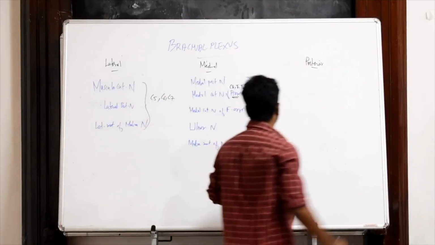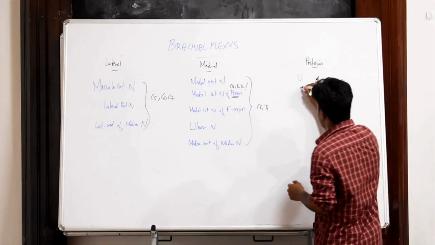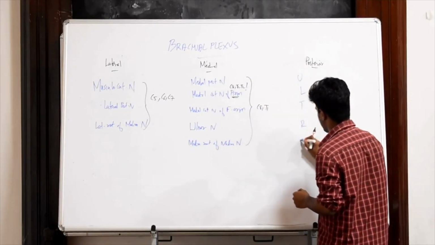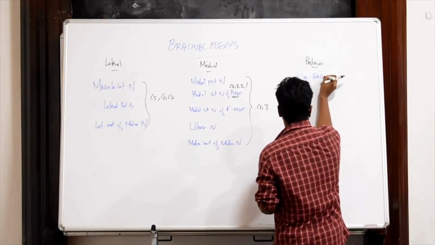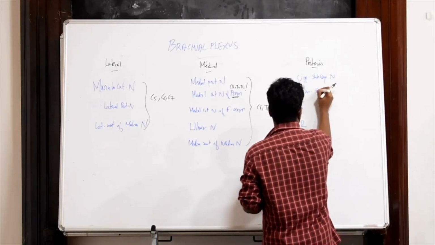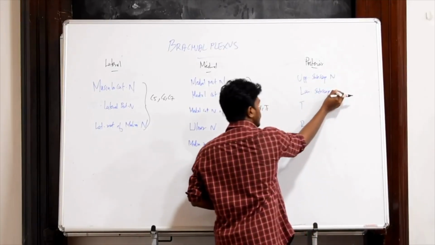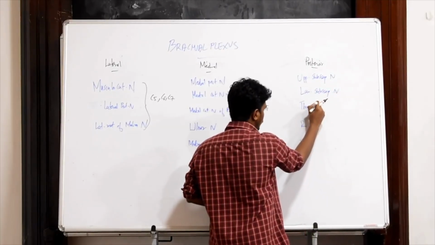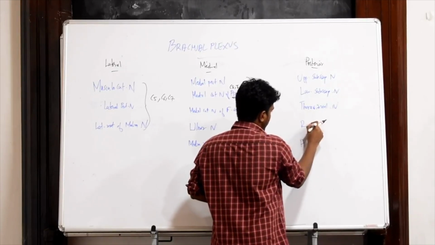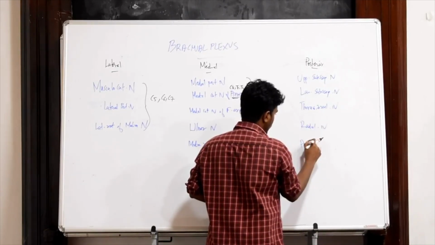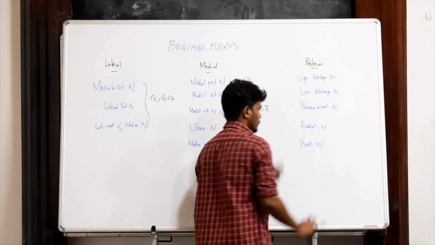Coming to the roots of the posterior cord, it is understood by the mnemonic ULTRA. They are upper subscapular nerve, lower subscapular nerve, then thoracodorsal nerve, then radial nerve and axillary nerve.